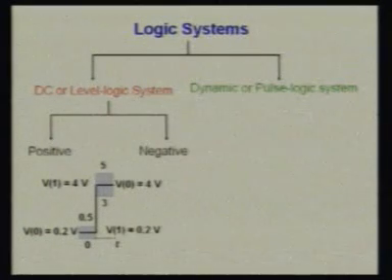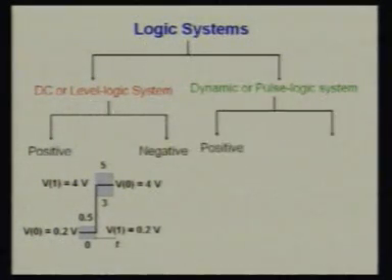In the dynamic or pulse logic system, again we can divide it into two parts: positive pulse logic system and negative pulse logic system. Here, instead of giving a DC level voltage, a constant voltage level recognized as 0 state or 1 state, we give pulses as input, and we receive pulses as output.